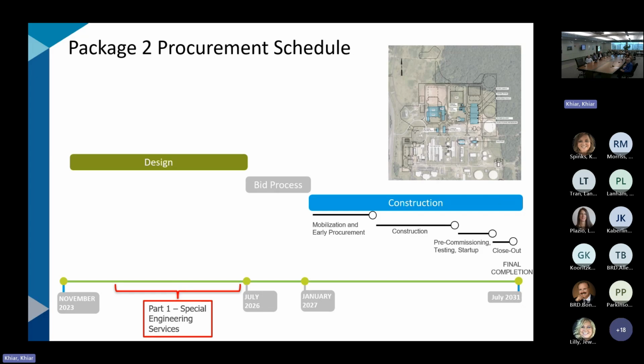Then once we fast forward to construction, the idea is that the part 2 goods and services would be provided during heavy construction, received, installed by the contractor during the construction. And we anticipate that to be sometime after 2027.